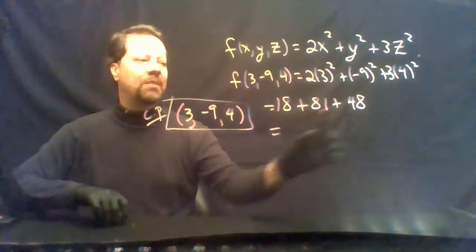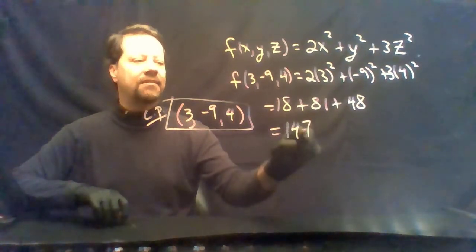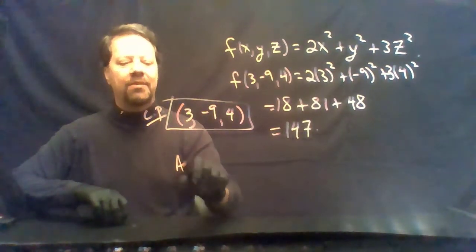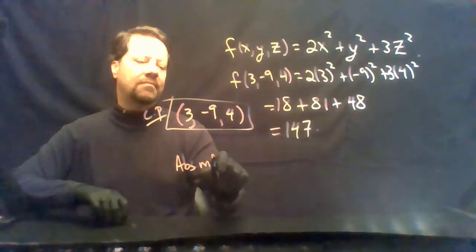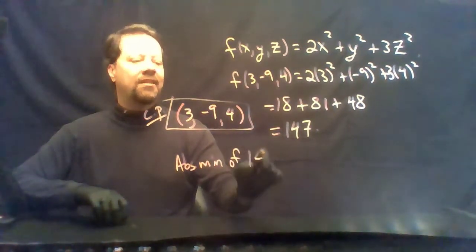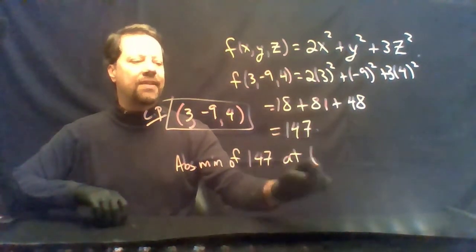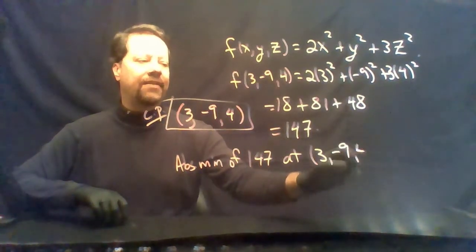We have 99 plus 48, that's 147. So we have an absolute min of 147 that occurs at the critical point 3, negative 9, 4.